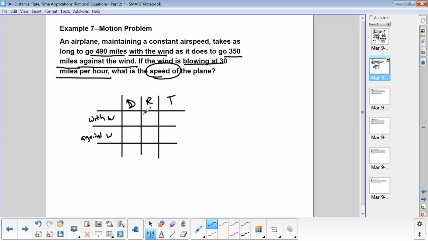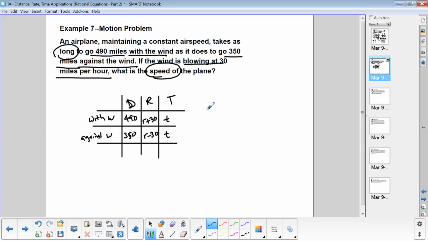Now, I'm going 490 miles with the wind, and I know that the wind is blowing at 30 miles an hour, so my rate is R plus 30, and it's going to take the same amount of time. It takes as long as if I go 350 miles against the wind.